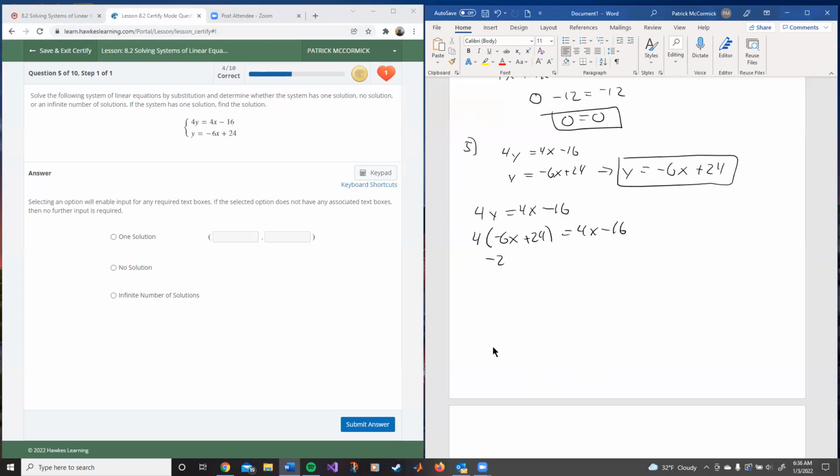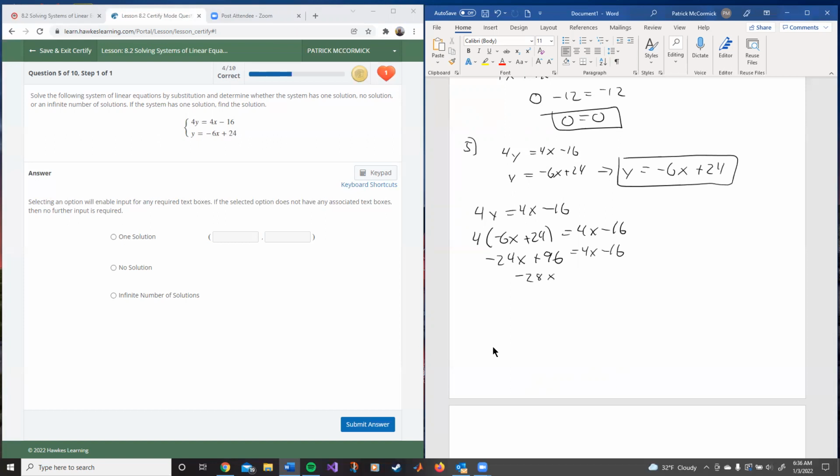Distribute that 4, so I get -24x plus 4 times 24. What is that? 96. Check it in your calculator, right? Don't do too much in the head, right? 96 equals 4x minus 16. All right, so now we need to get our x's together and our constants together. So I'm going to subtract the 4x from both sides.